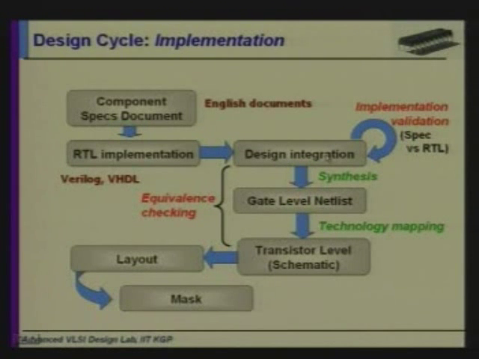Still, this portion is human readable. So if we find bugs, we go back to the RTL implementation and try to rectify it, and then this part is done by some tool. Now we do that equivalence checking in order to make sure that whatever we make as the integrated design comes out exactly as the transistor level schematic.